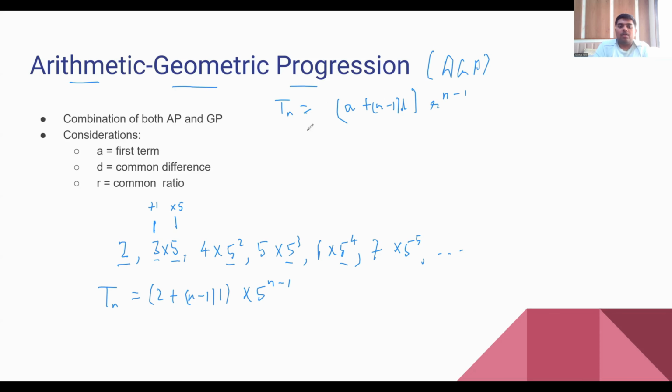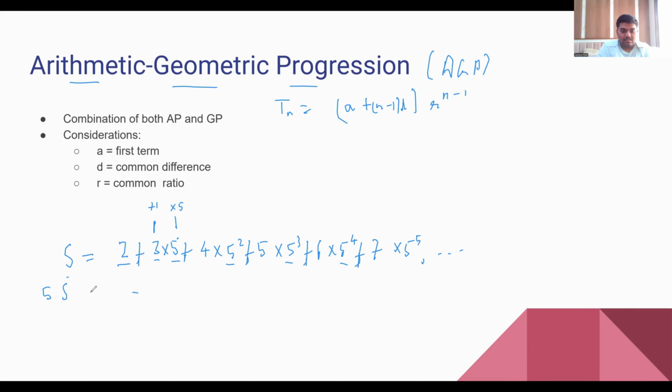Okay. Now, if you have to find the sum of the first n terms, let us consider this example only and say that this is S, the summation. What you can simply do is multiply the summation by the common ratio, which is 5.